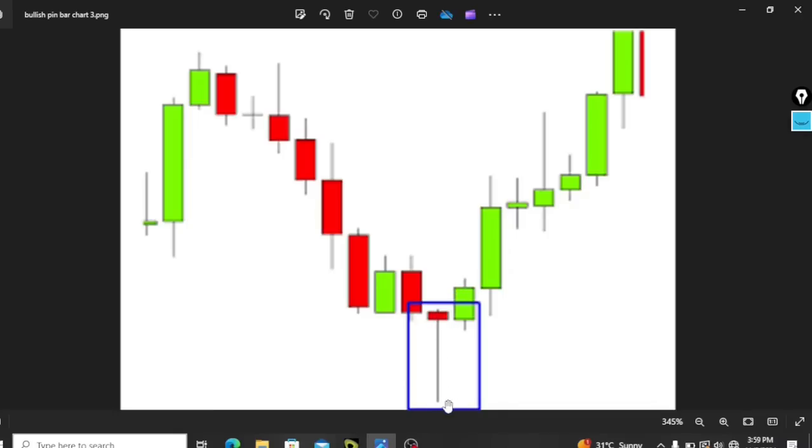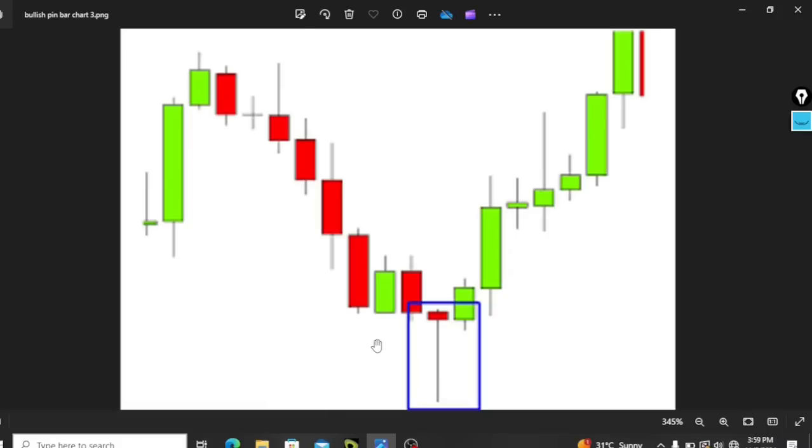So if you are using any form of indicators, your indicators also will be pointing to you that something is about to happen. If you are using something like stochastic, the stochastic will be showing you that it is actually oversold. And when your stochastic is showing that it is oversold, you should know that it is time to begin to place a buy.